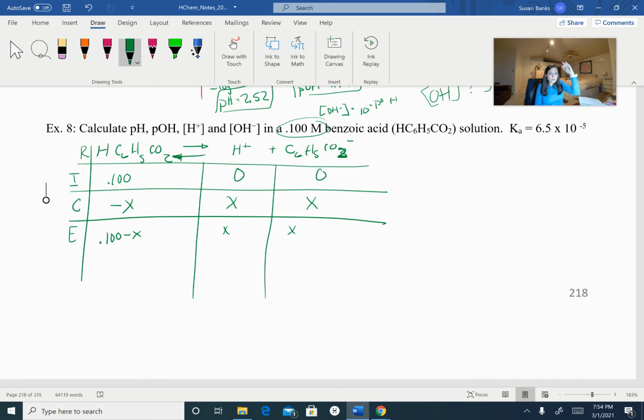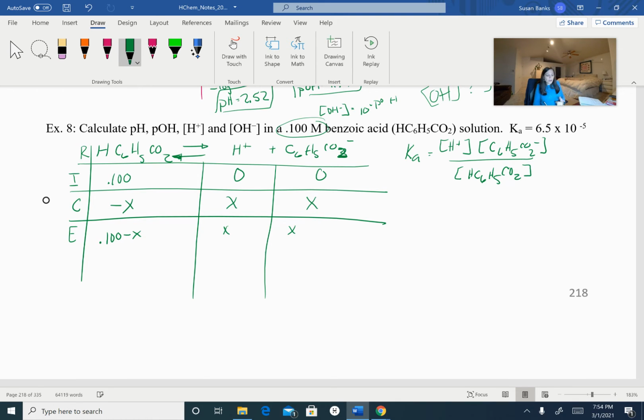Remember, products go on top, reactants go on the bottom. So the equilibrium constant for this acid is equal to my concentration of hydrogen multiplied by my concentration of benzoate, all over my concentration of benzoic acid.